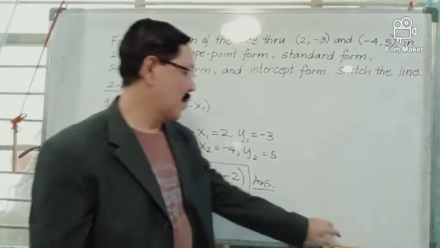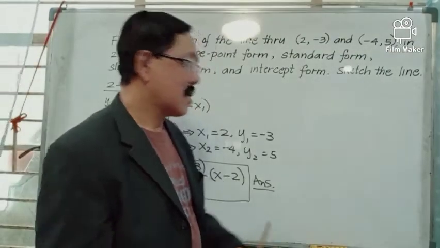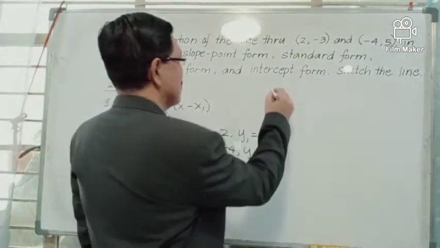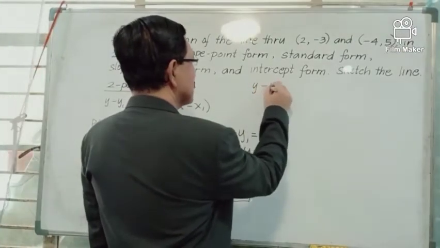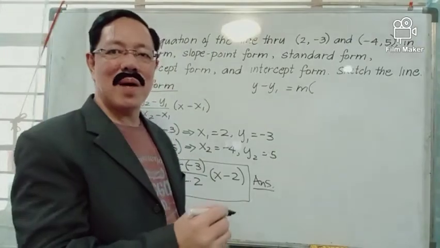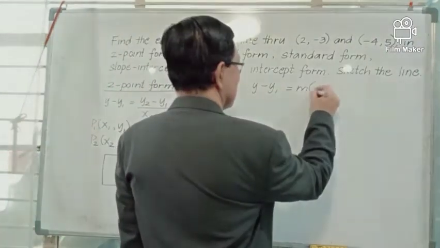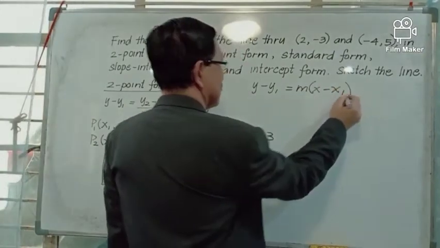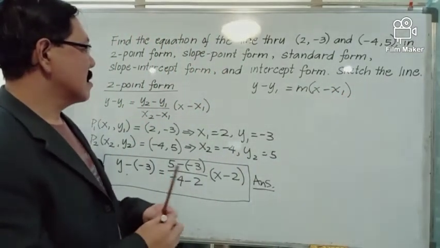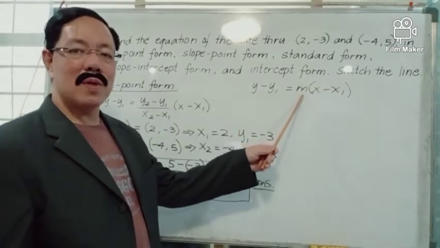The slope-point form is given by this: y minus y1 equals m multiplied by x minus x1. This is the slope-point form.